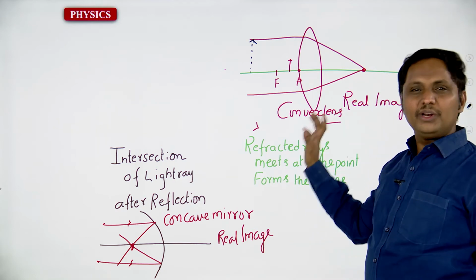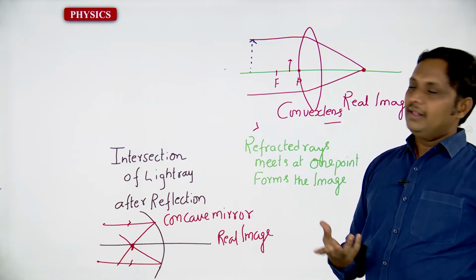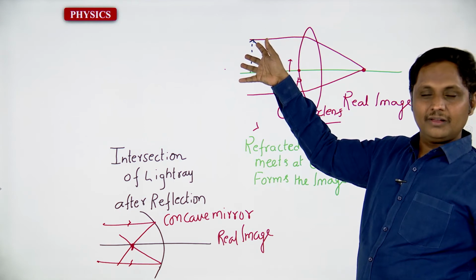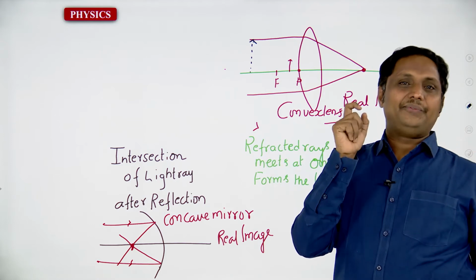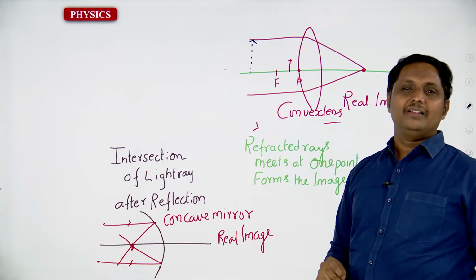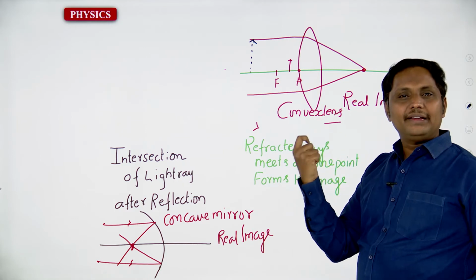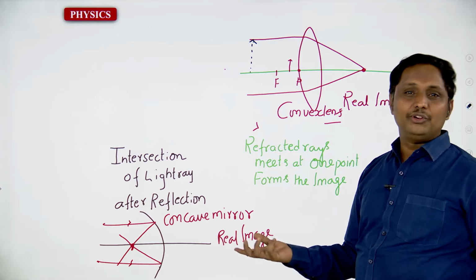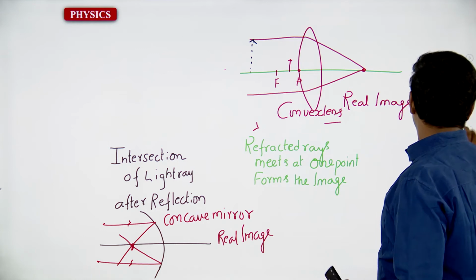Is it possible? Then only it is going to be the real image. If they meet somewhere else, in that case we are not able to track where the refracted rays meet. That is going to be imaginary. Alright, it is very clear. If you track the intersecting point of the refracted light rays, then it forms the real image.